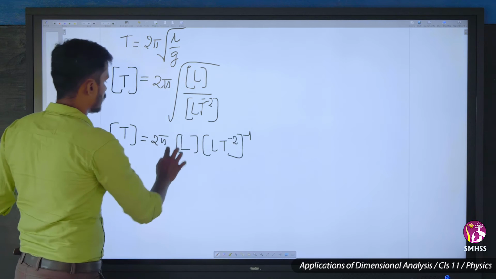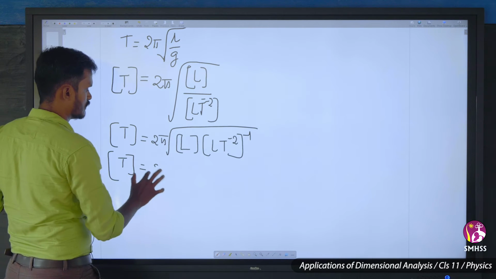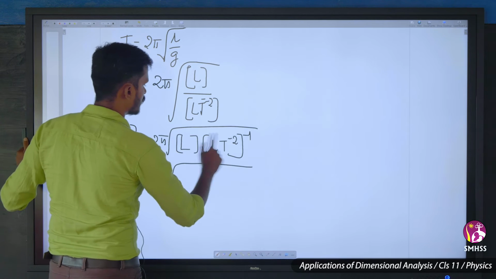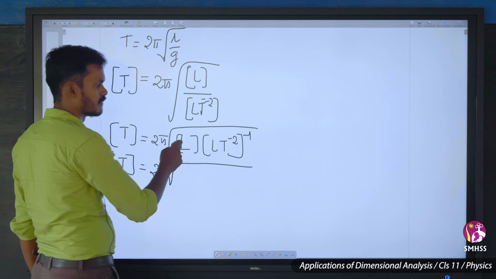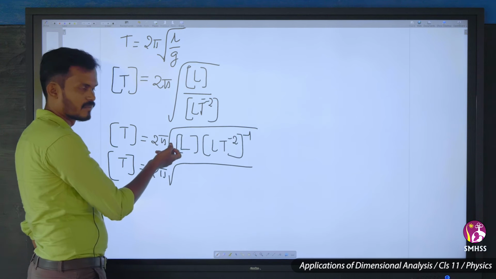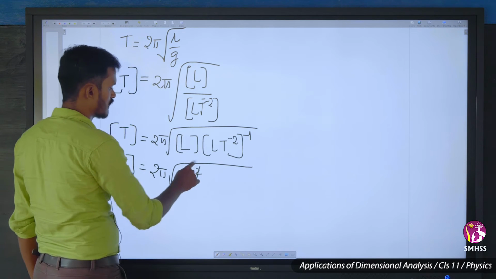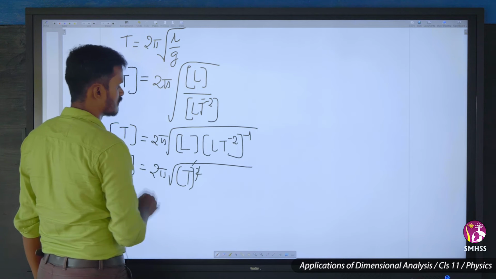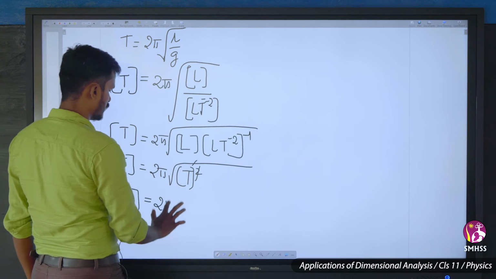Now, if you simplify it, L power 1 and L power minus 1, adding the powers, L will be 0 and T squared. T squared under the root gets cancelled, so the time period is nothing but 2 pi.